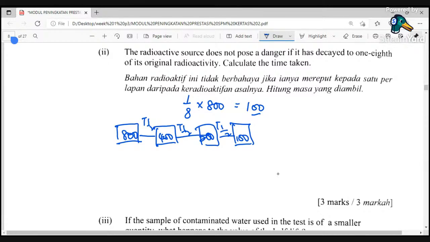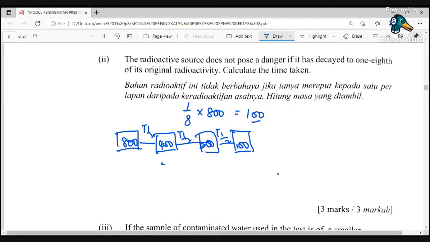So the time taken equals, n equals 3. So the time t equals n half-lives, or 3 half-lives.